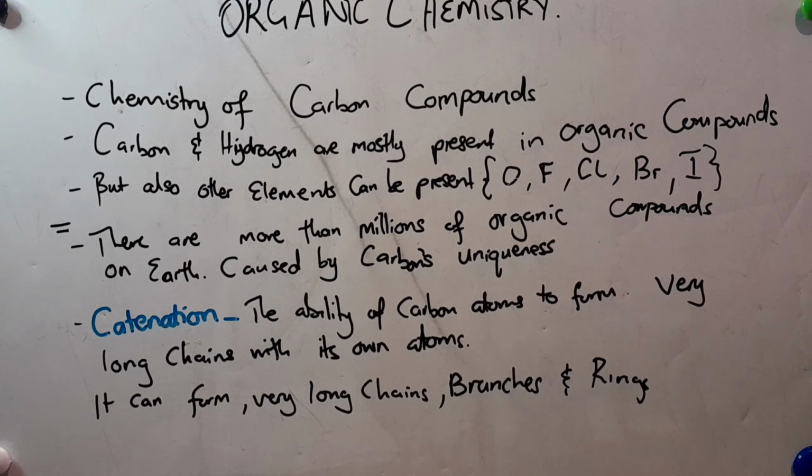So just see some way to write it down. It can form very long chains, branches, or rings. Just like I explained, this is CAPS, so we don't talk about the rings, right? We are only going to be talking about long chains and branches.